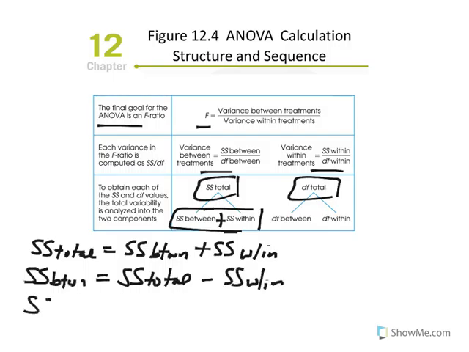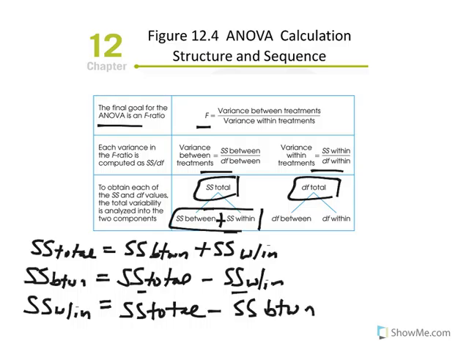Similarly, if we started with SS within, which is a fairly easy and straightforward calculation, we can determine the other variables, right? So if we have SS within, we compute SS total, and what's left, once we take total minus within, will give us the between. Similarly, if we want to solve for SS within, we would take SS total and subtract SS between.